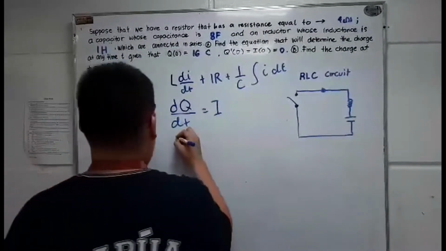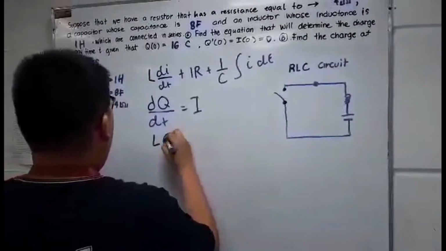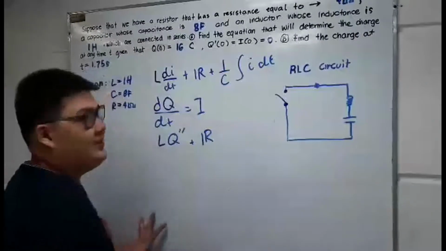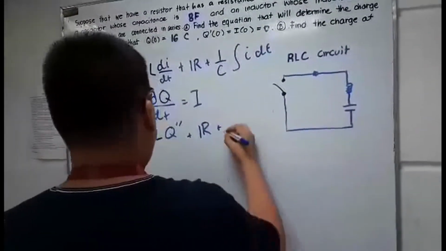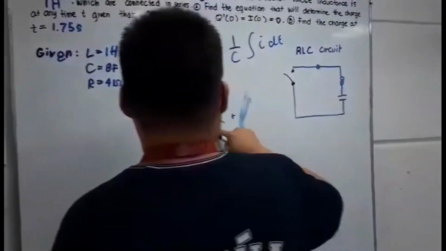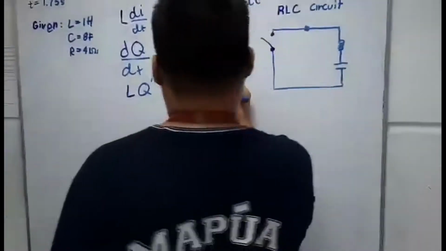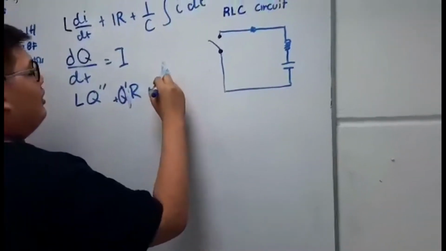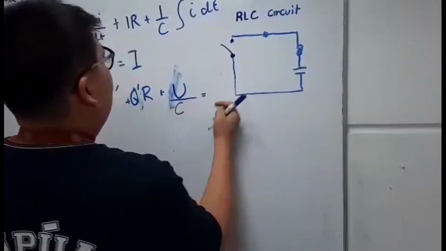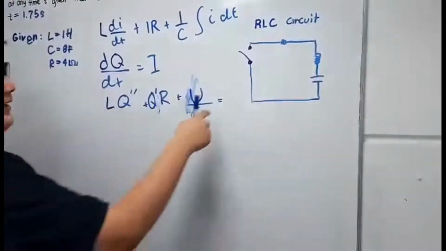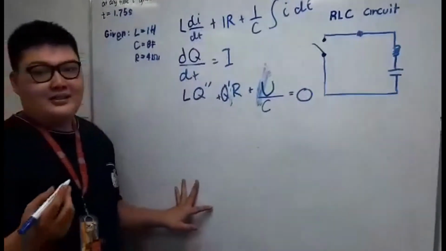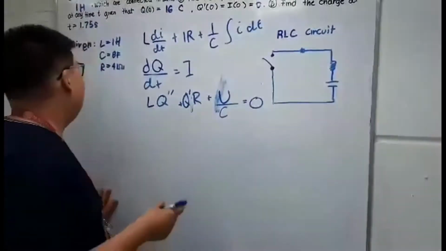Then we can rewrite this as L Q double prime plus R Q prime, where IR is the voltage across the resistor, plus Q over C is equal to, depending on what the right-hand side will be. If it is 0, it is homogeneous. If it is not 0, it is forced vibration.